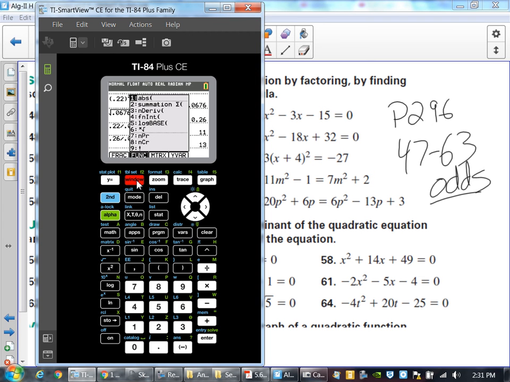Anybody in chemistry? You're going to be dealing with logarithms. Then I'm going to have to teach you how to use logarithms on the basic calculator, because you're going to have to know how to change your bases. This calculator would do change of base for you. The standard calculators are all in base 10.